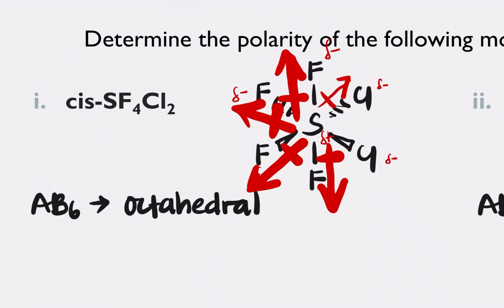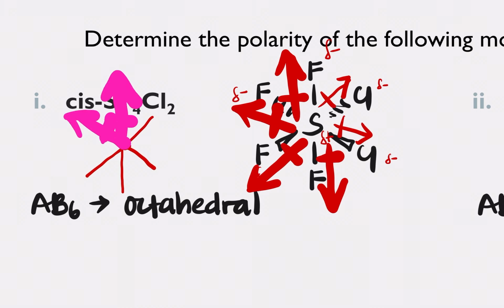Okay, alright. So imagine the shape of your octahedral shape. So you have atas, bawah, depan, belakang, depan. Imagine the shape is like that. But right here, the bond dipole is much bigger, pulling out, pulling out, pulling out, pulling out.